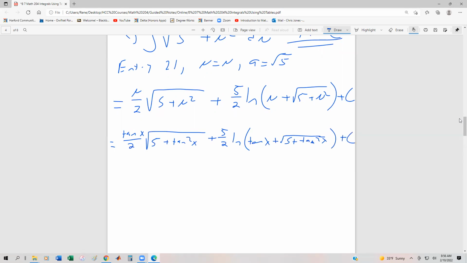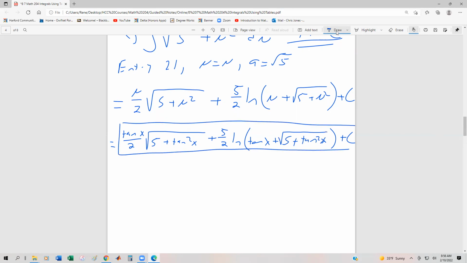All right, so let me see if I can squeeze that in there again. Let me rewrite that a little bit better. So it bothers me probably more than it bothers you all, but regardless. All right, so square root of 5 plus tan square x. All right, so that is our answer.